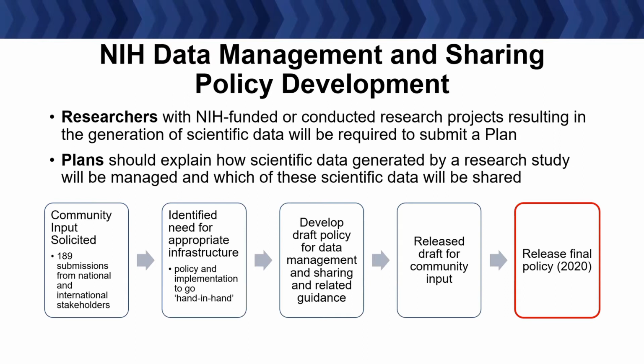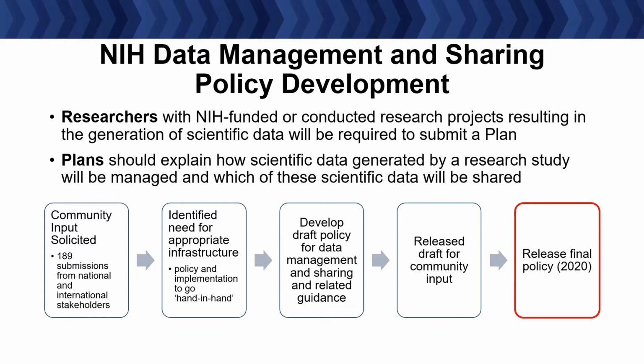You've hopefully seen and responded to a number of requests for information about draft policies. The general statement about the policy is that researchers who are NIH funded via R01, a center, a postdoctoral award, or even if you're an intramural NIH researcher, your research will need to have a data management and sharing plan that will be submitted at the time of your application.